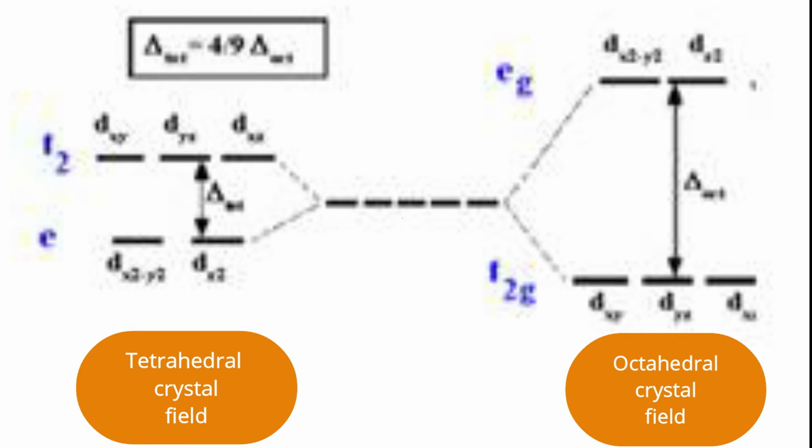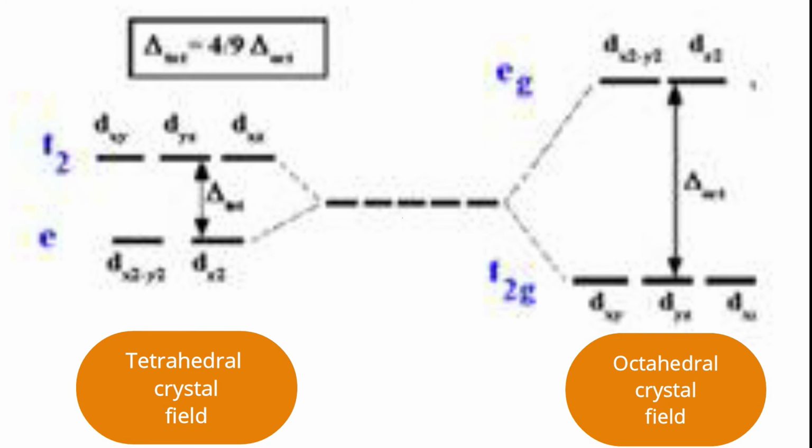They decrease in energy by how much amount? 0.6 delta T. That decrease should be more. And what is the label for that? E. While drawing diagram, be careful that decrease you have to show in more quantity compared to increase, because increase of those three orbitals dxy, dyz, dxz means T2 set is by 0.6 delta T.